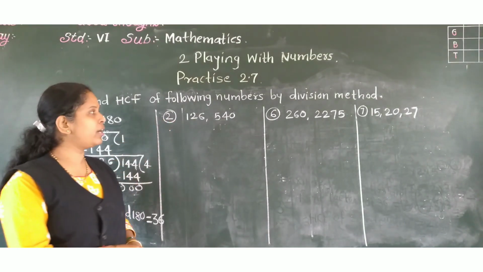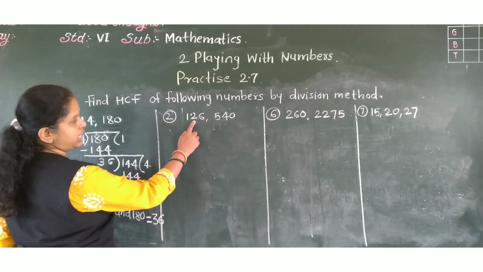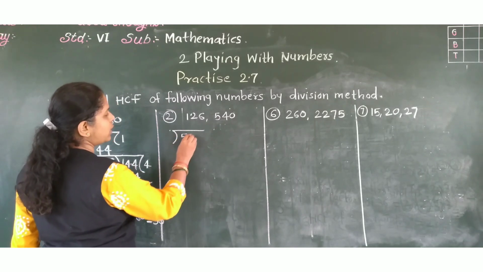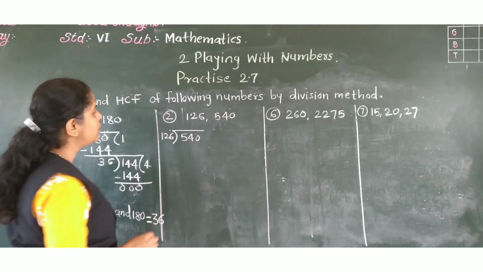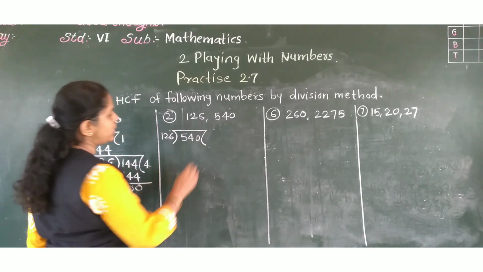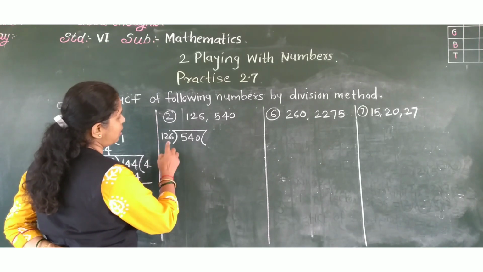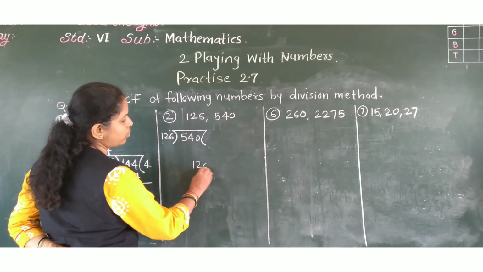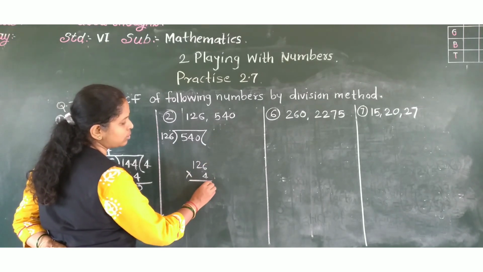126 and 540. From this, which is the smallest number? This. So, we will divide 540 by 126. Okay. 126, if I will multiply it by 4, what I will get? 6 4s are 24.